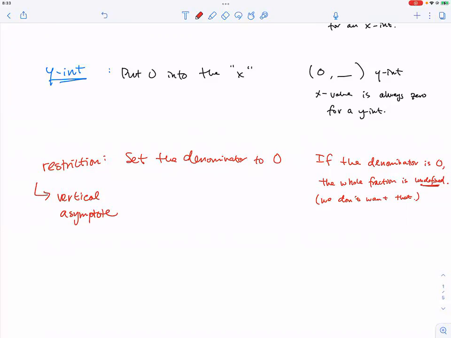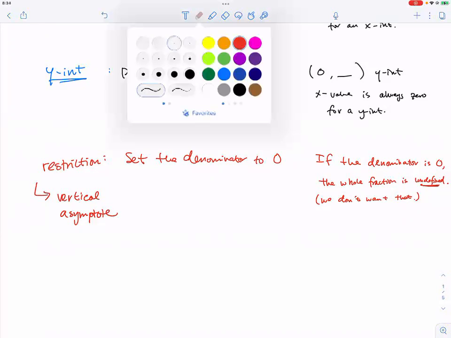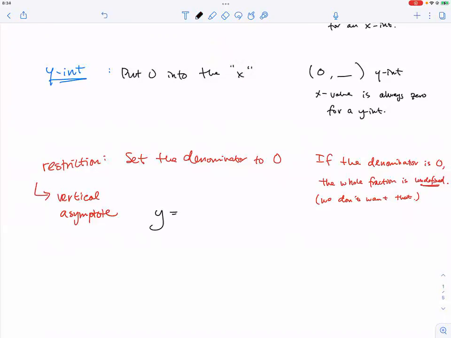And then based on the restriction, you also know the vertical asymptote. So let's say the vertical asymptote must be one number, right?